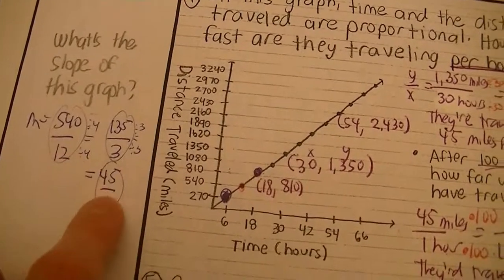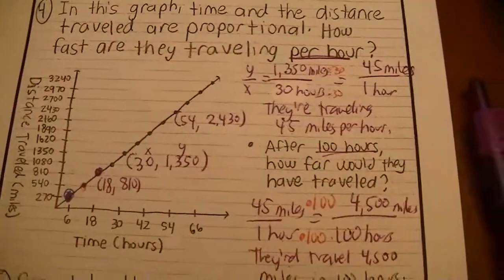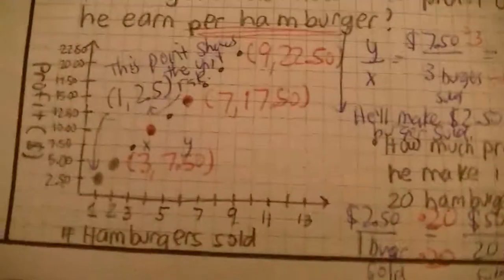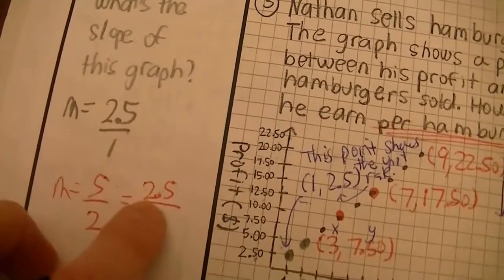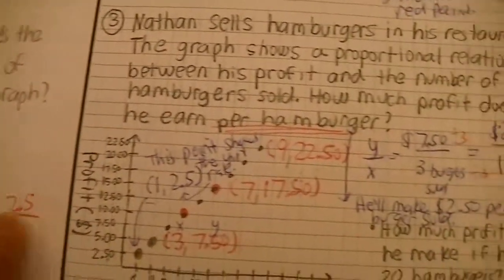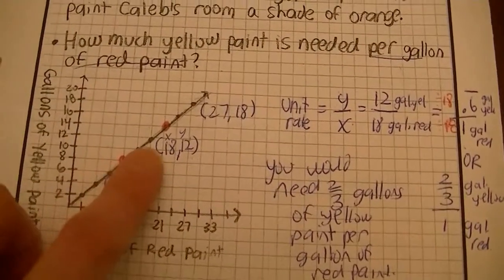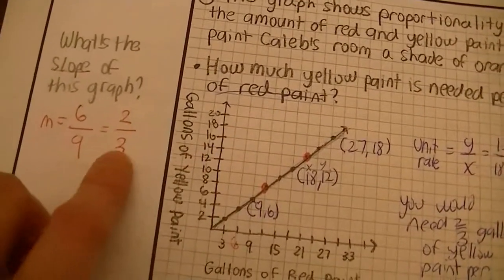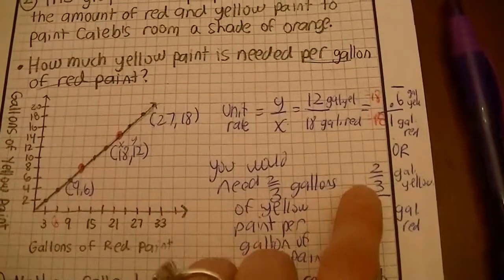See how it's simplified down to the unit rate? Look, there's the unit rate. Here's another proportional graph. Here's its slope. And look, it also matches the unit rate. Here's another proportional graph. There's the slope right there. And look, it also matches up with that unit rate.